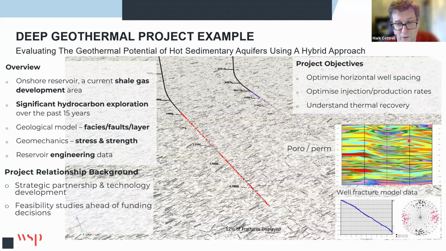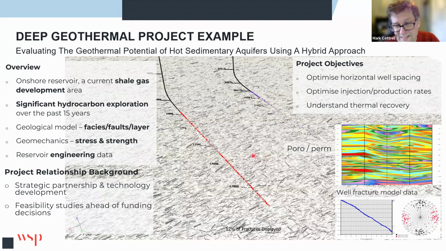Obviously, with core data, we can constrain those porosity and permeability descriptions. With 3D seismic attributes, we can start being more predictive in terms of describing those rocks between the well locations. You can just about see the DFN model that's in this model.